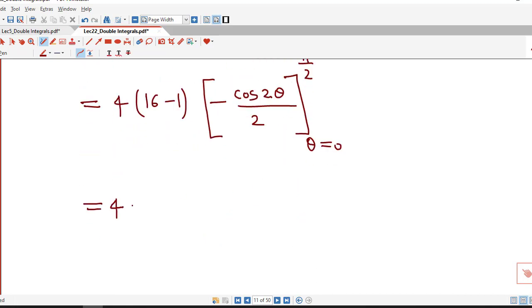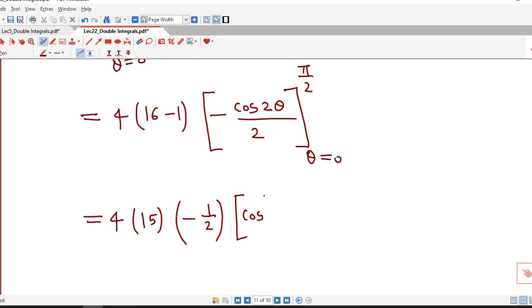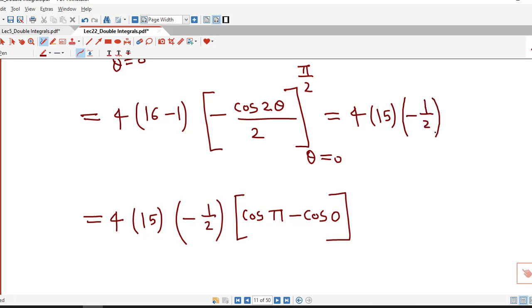So this is 4 into 15, and here we can take minus 1 by 2 outside. So we have cosine of 2 into pi by 2, that is cos pi, minus cosine of 0. If we wish, we can write one more step: 4 times 15 times minus 1 by 2 times cosine of 2 theta from 0 to pi by 2.